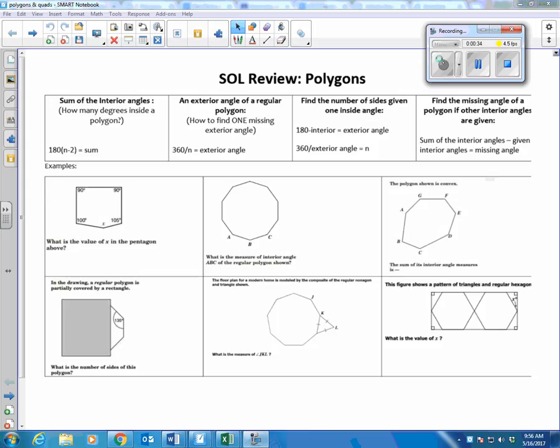And so an exterior angle of a regular polygon, remember exterior is on the outside. And remember that a regular polygon is one where all the sides and all the angles are the same, okay? So if you want to find one missing exterior angle, you just need to do 360 divided by the number of sides it has, because remember that all exterior angles add up to 360.